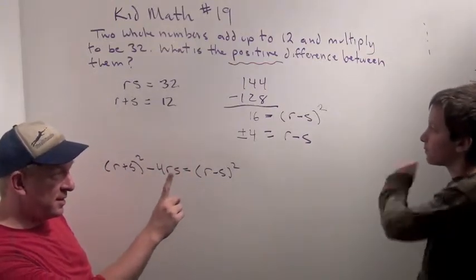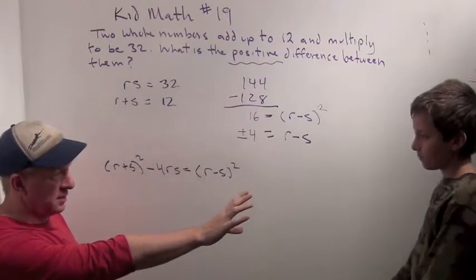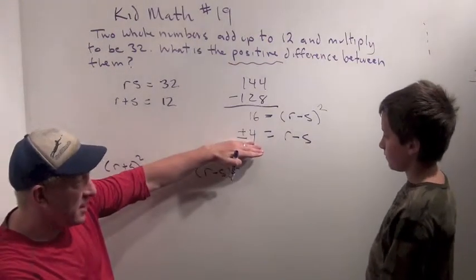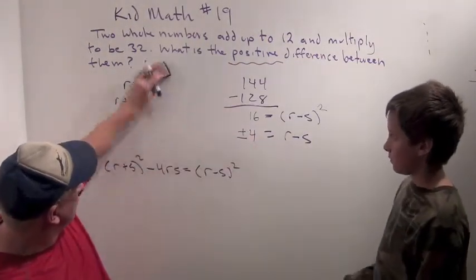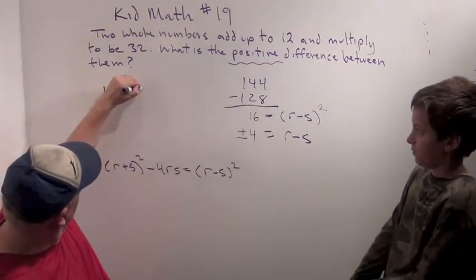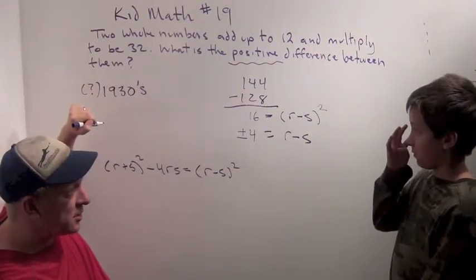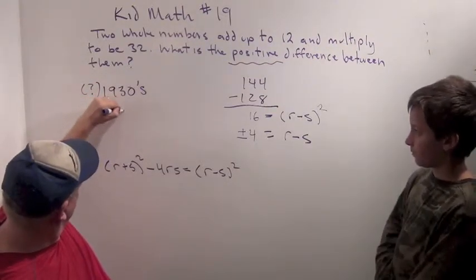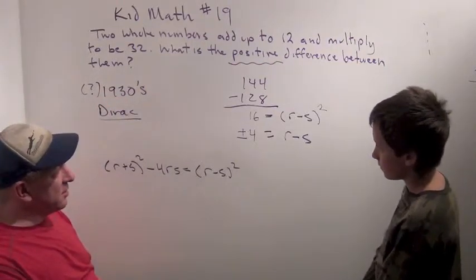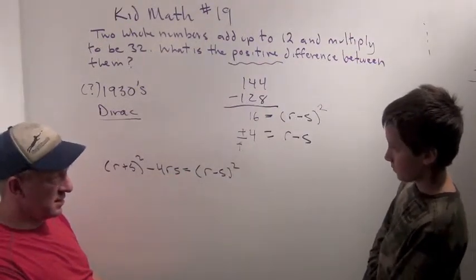But there've been some amazing physical things that have come out of equations like this, including things that have plusses and minuses. So I think in the 30s, I don't know the exact date, there was an English physicist named Paul Dirac, and he was studying the electron. And he noticed his equations had two solutions, pluses and minuses.